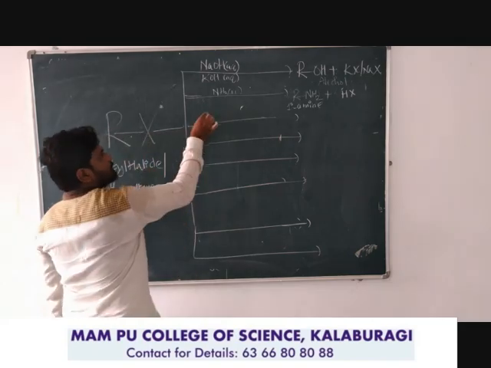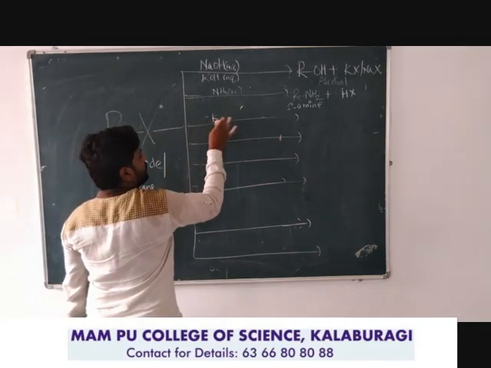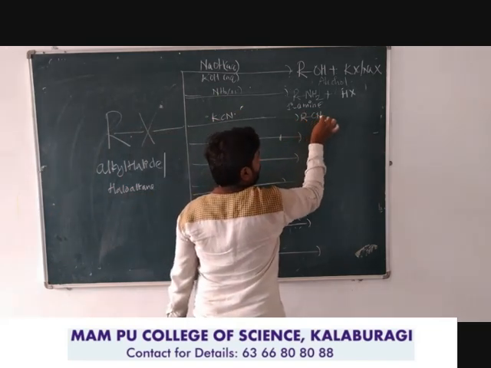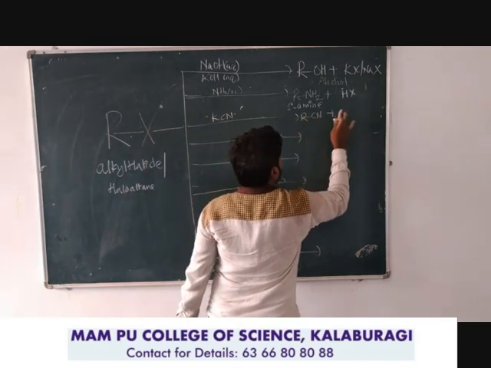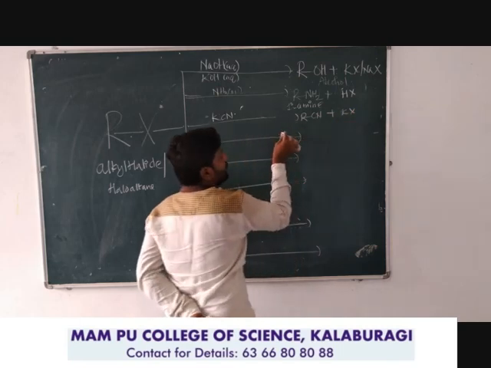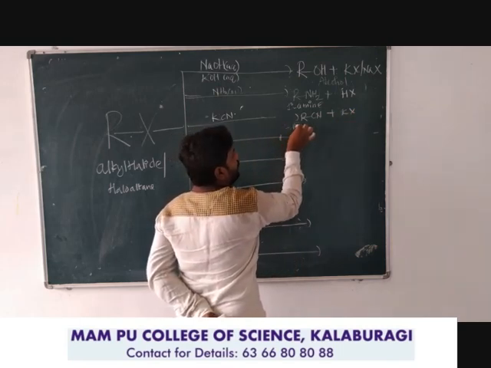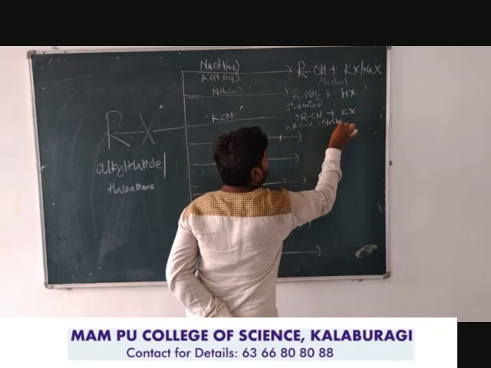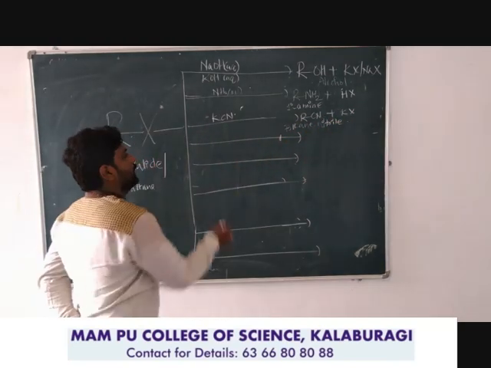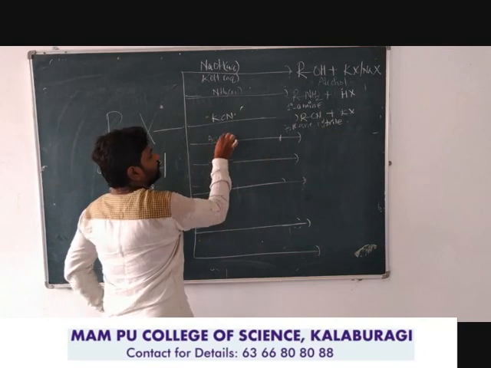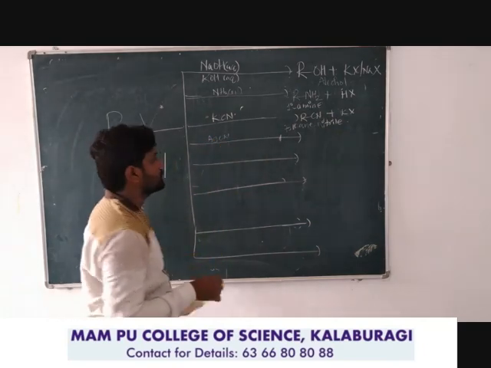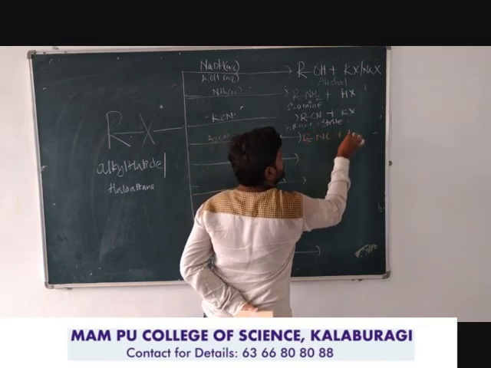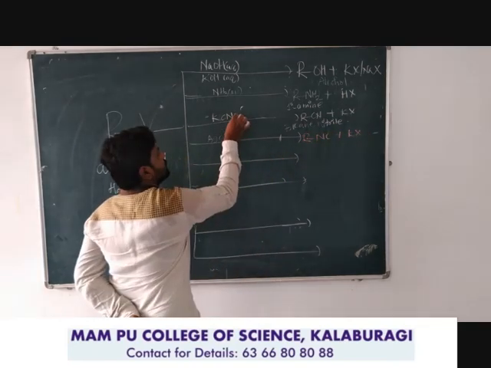Next reagent is KCN. The product is RCN plus KX, that is alkane nitrile. Next, AgCN. The product is RNC plus AgX.